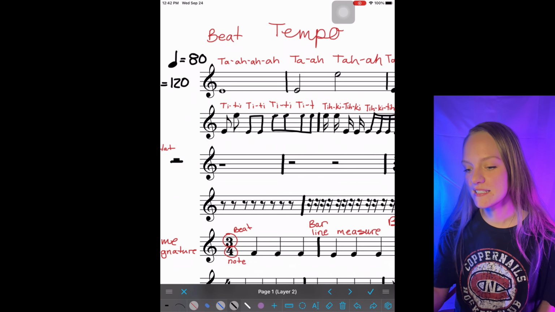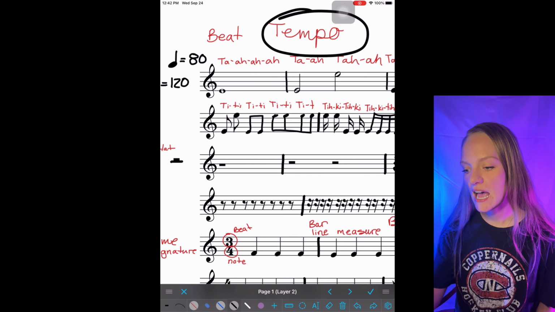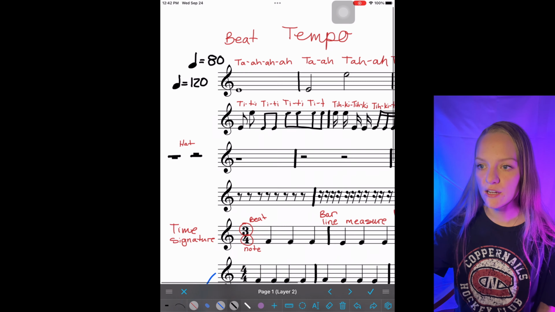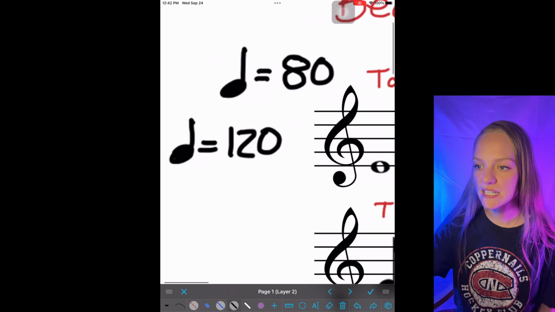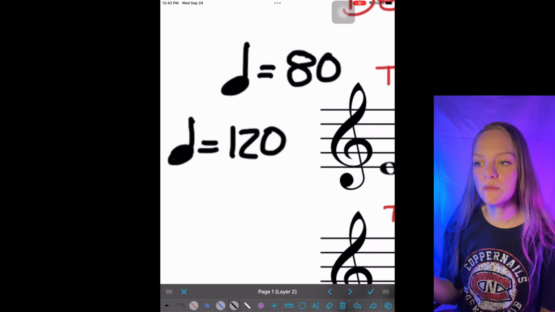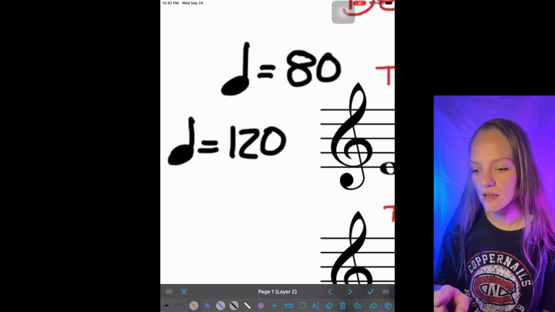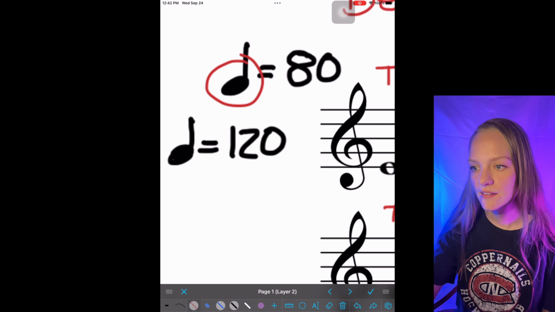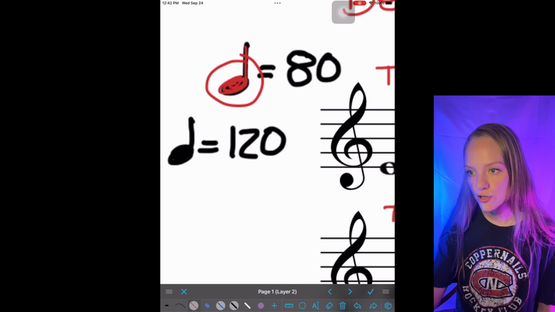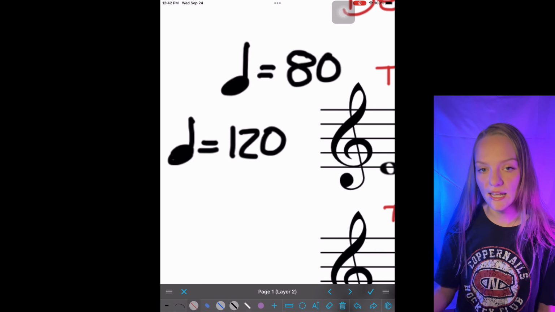The next thing is tempo. Tempo is how often your beat occurs. Most of the time, one beat is going to be represented by a quarter note, which is a note head that's colored in with a stem. A quarter note usually gets one beat.